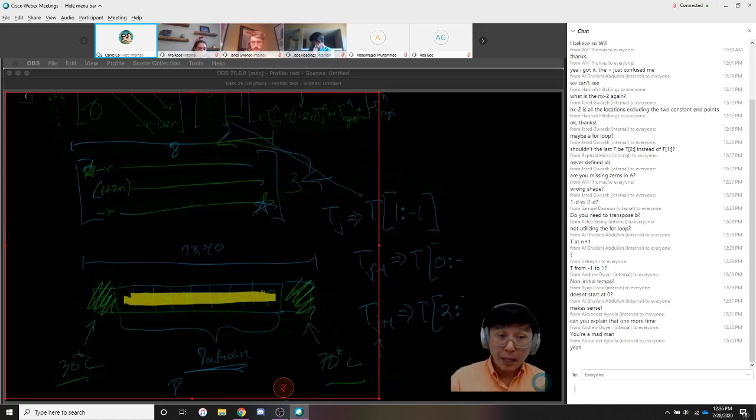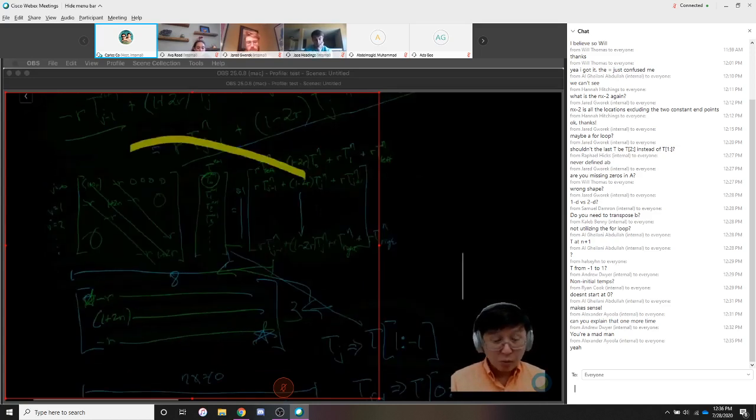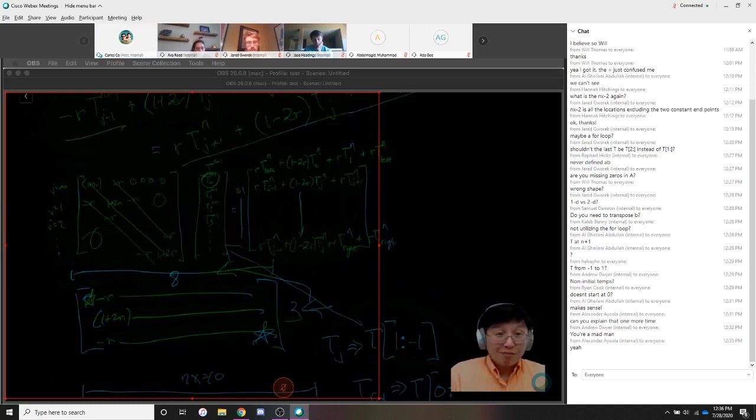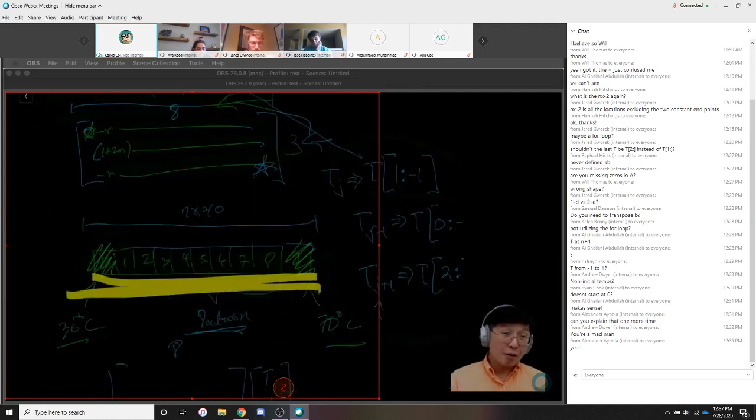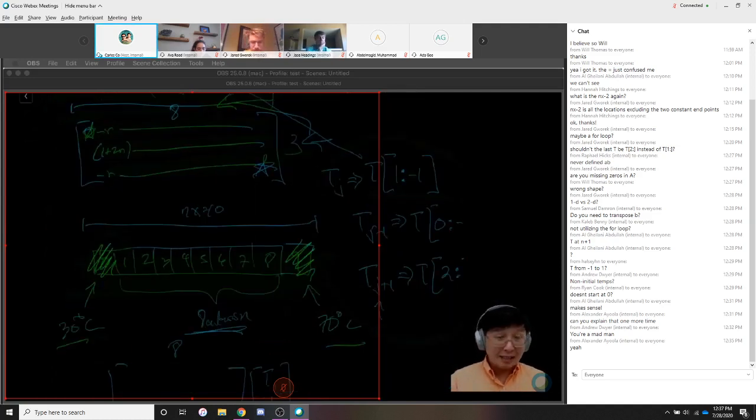When we solve, we're only solving for the unknown temperatures, the ones in the middle. The number of unknown temperatures is the number of nodes minus 2. In this case it was 10 minus 2, so there's only 8 of these.